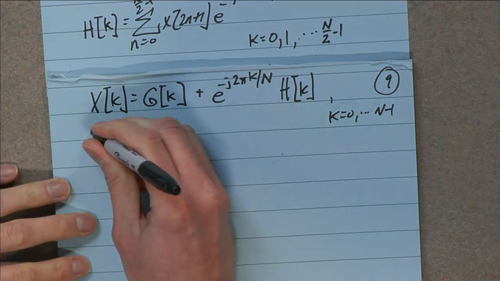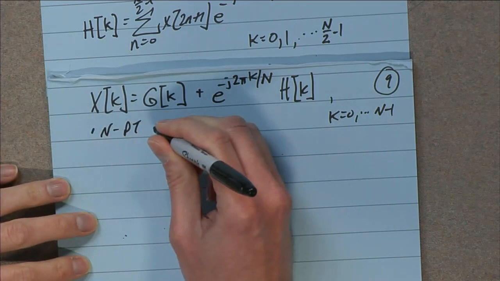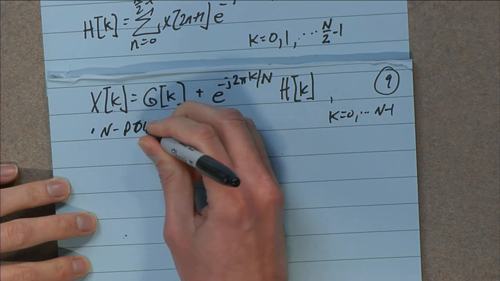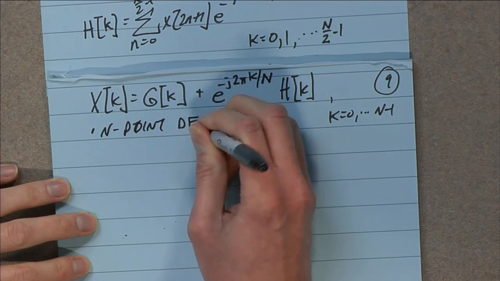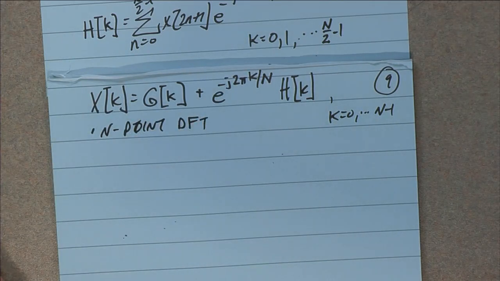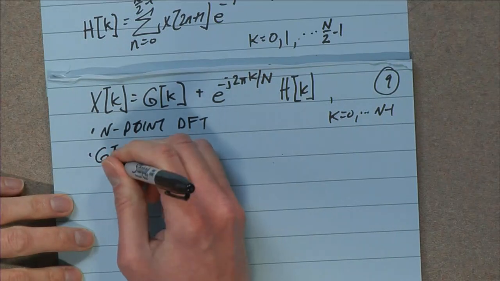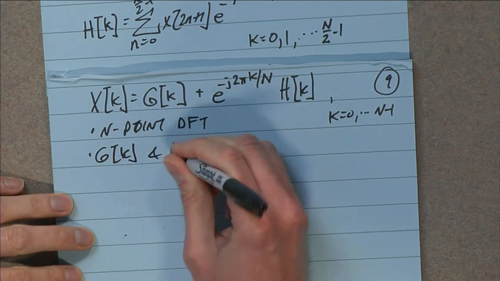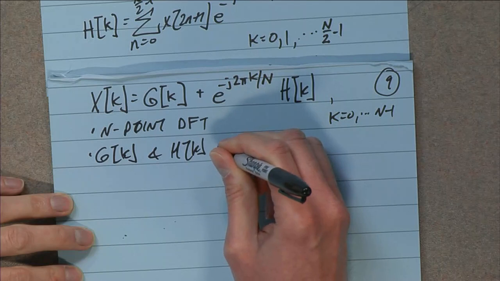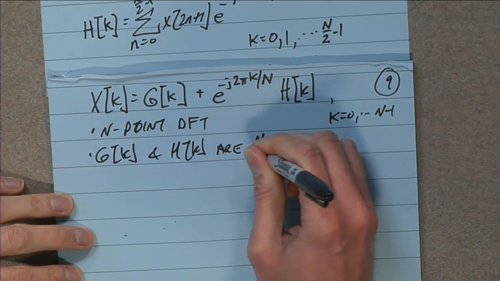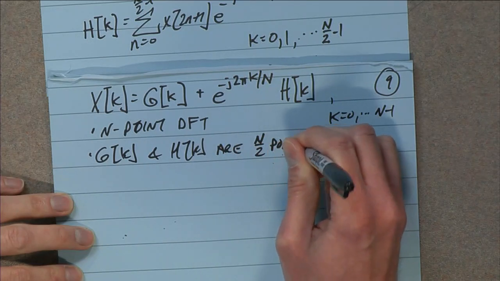So that's an endpoint DFT. And as I said before, g of k and h of k are n over 2 point DFTs.